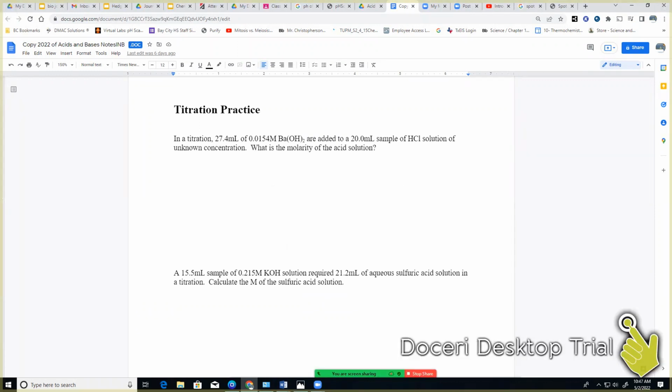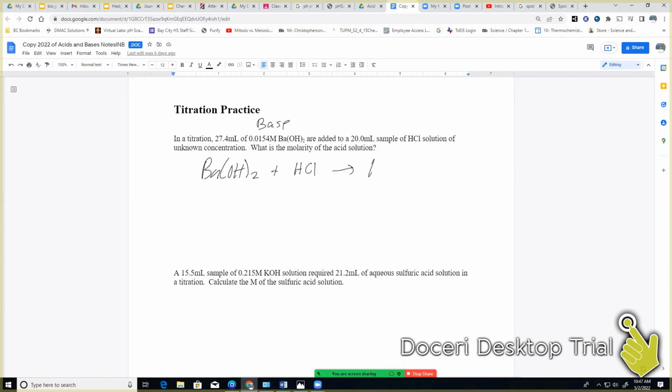All right, so it says in a titration of 27 mL of 0.015 molar barium hydroxide. So once again, that's my base. And I am adding it to a 20 mL sample of hydrochloric acid.